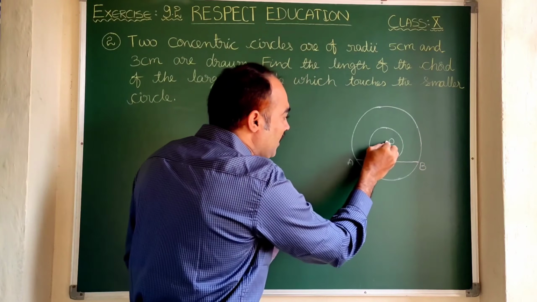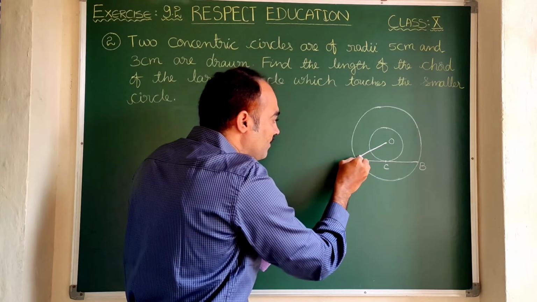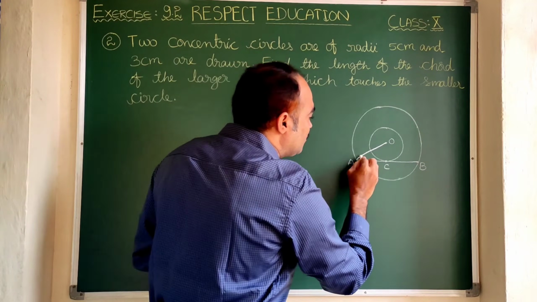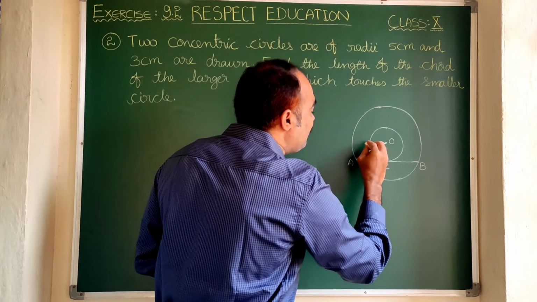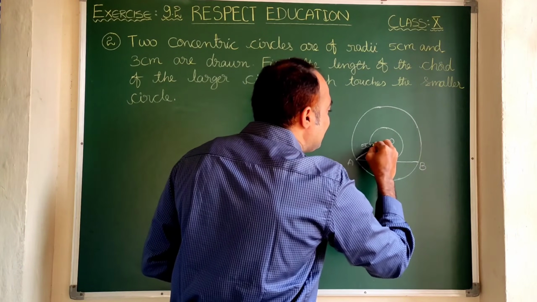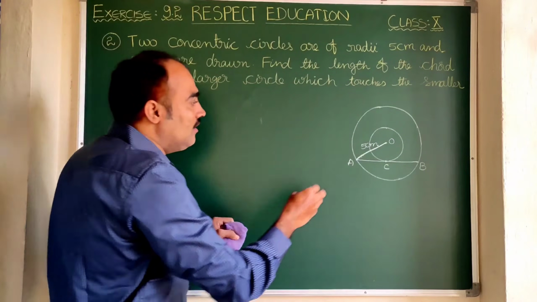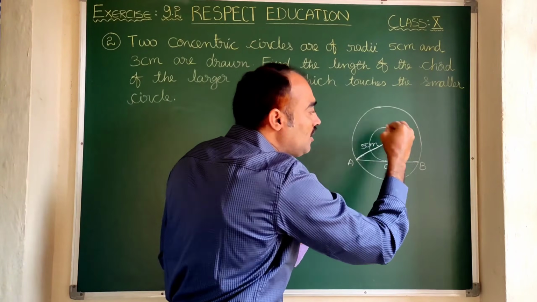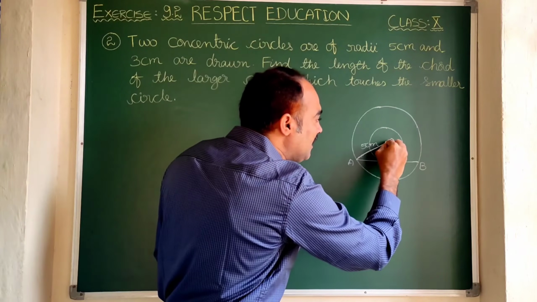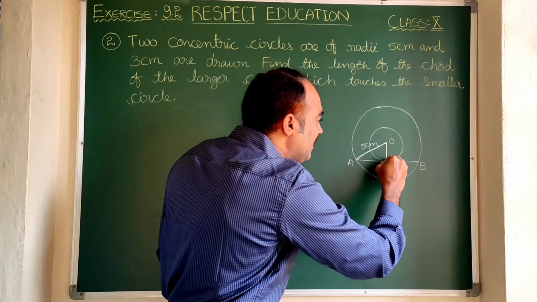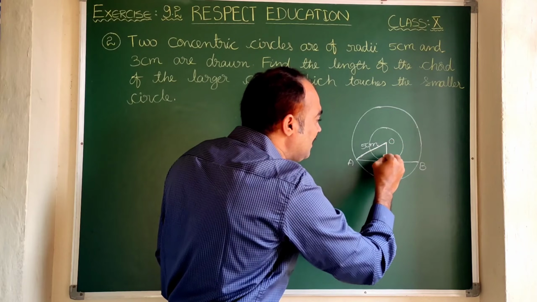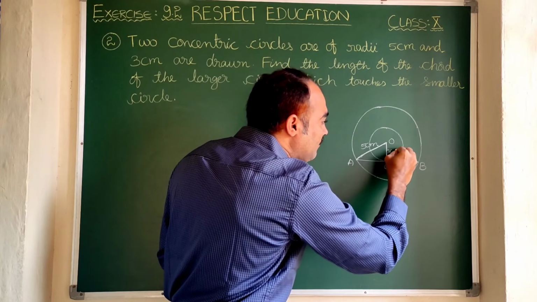Here I join OA. So here OA is 5 centimeter. Clear? And the radius of the smaller circle is 3 centimeter. For the smaller circle also you can join wherever you want, but according to this question, let us join OC. Here OC is the radius for the smaller circle. So this is 3 centimeter.